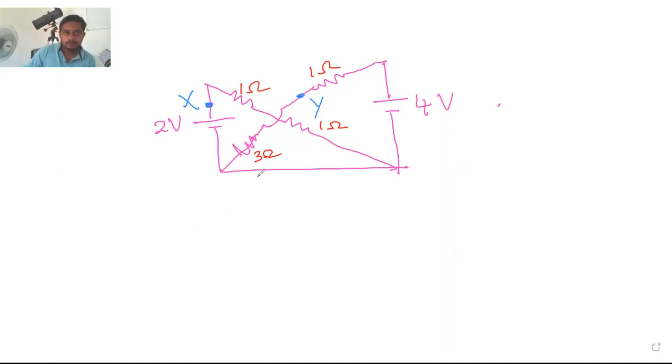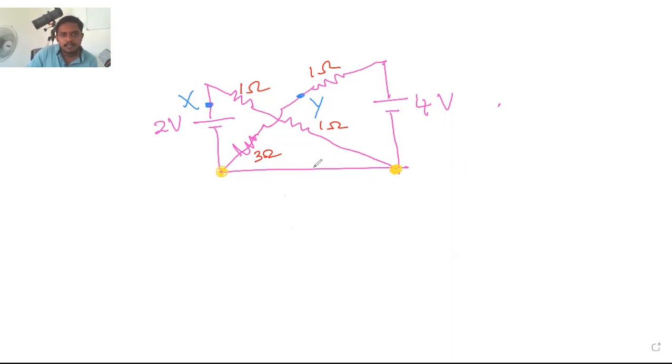Okay, now I'll do this. Again, think about these potentials. Potential here and potential here. Now, the potentials are the same.